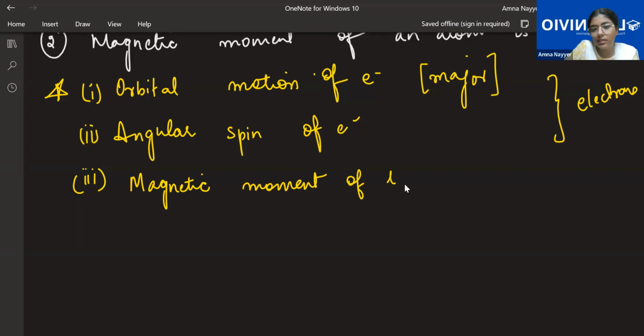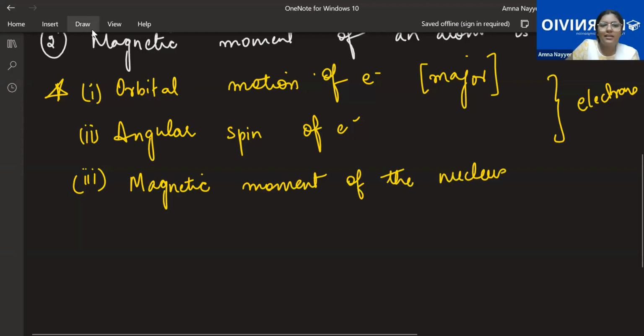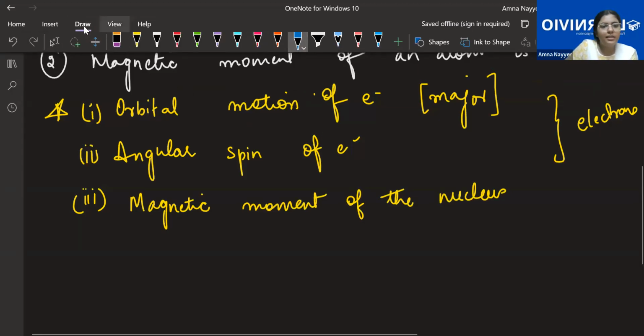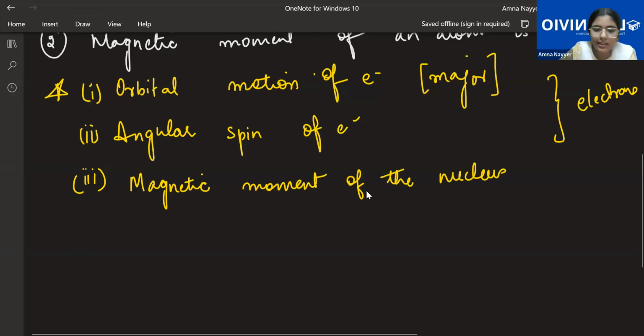In this one we don't consider it much. The reason is that the magnetic moment here is very small for the nucleus.